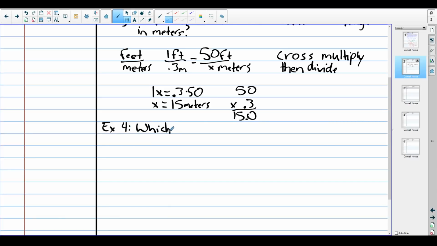Which is greater? Oh, okay. Which is greater?